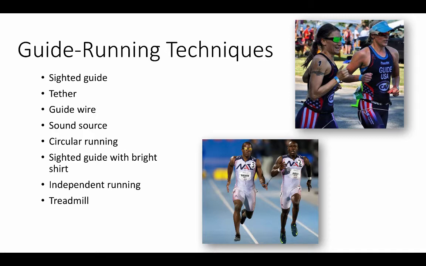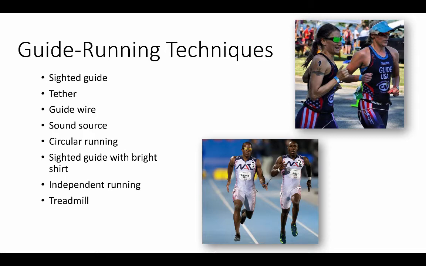So, guide running techniques, exercise techniques. There's a variety of them, and we'll get a chance to practice some of them. So, sighted guide, which we now call human guide, because more than humans can provide sighted guide, is where an individual with vision loss will hold the back of your elbow or your wrist, and you will provide them guidance through your body and movements, and you're going to stay one step in front of them.